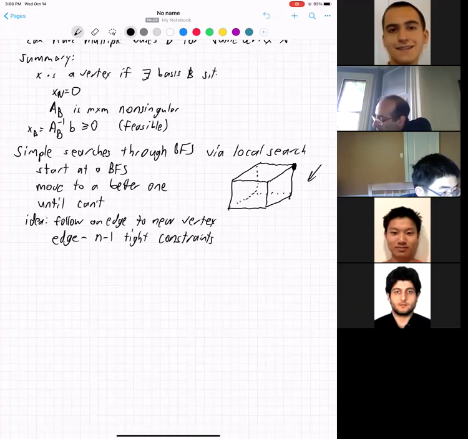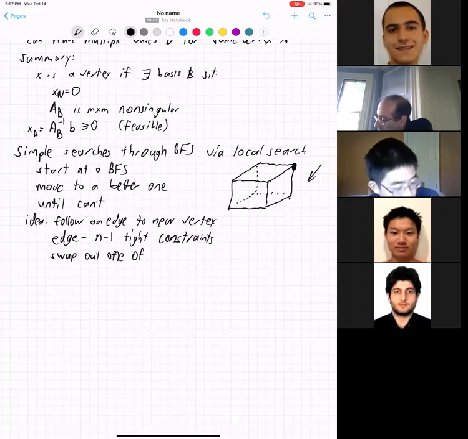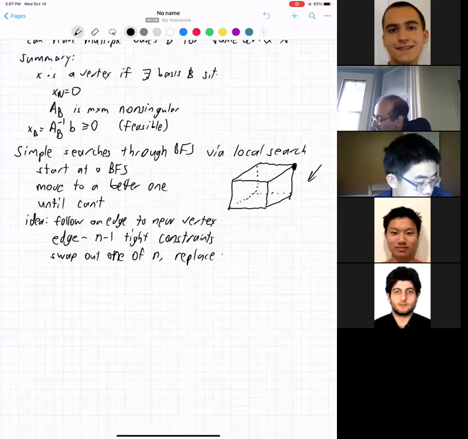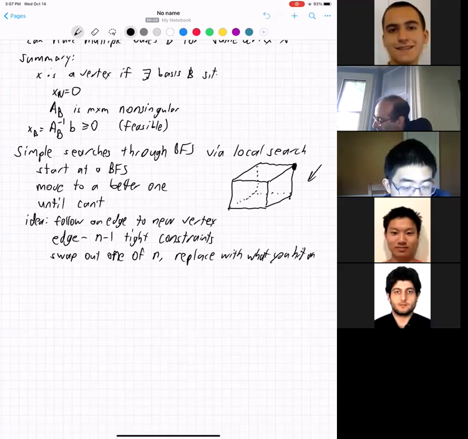So what I'm basically doing is swapping out one of the n and replacing it with the next one I hit on the line. So does that geometric picture make sense?